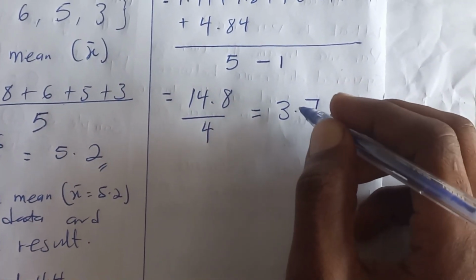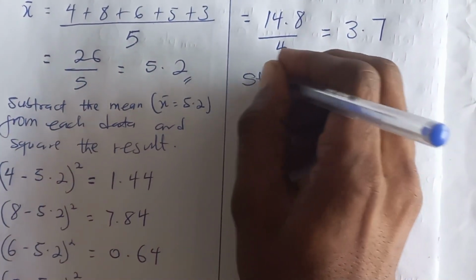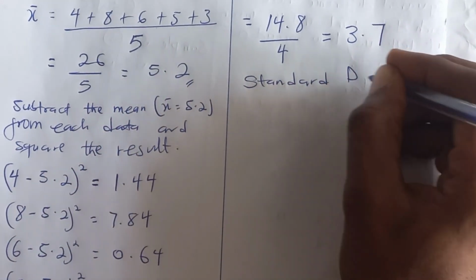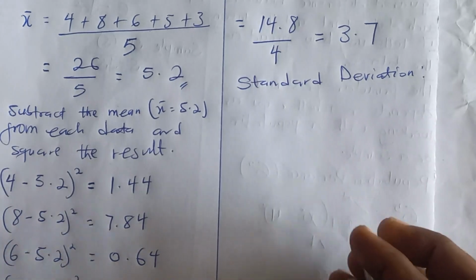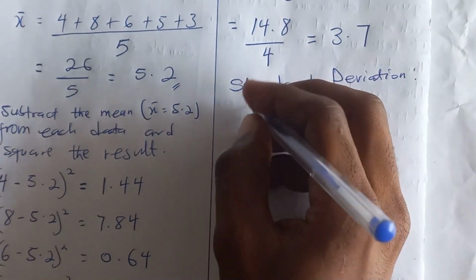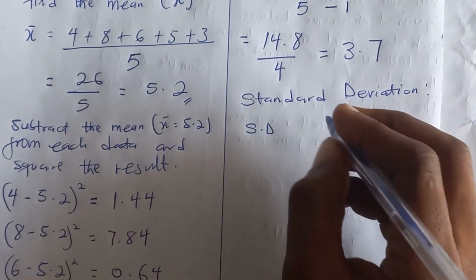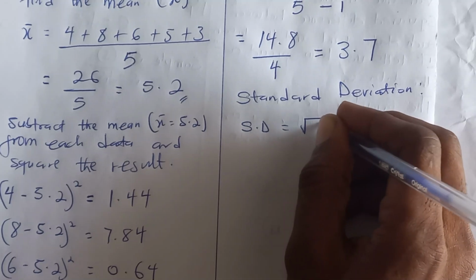So the standard deviation for this data, since we already know the variance, we say that the standard deviation, SD, is equal to the square root of the variance.